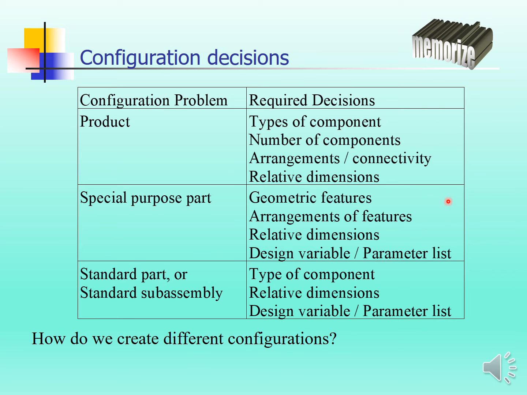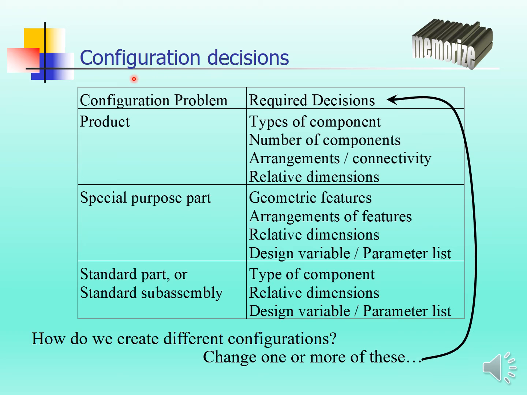Okay, this idea, congratulations. This is the summary: when you have a configuration problem, either a product problem, you just have some ideas on how to get the alternatives: type of component, number of components, arrangement, and relative dimension.